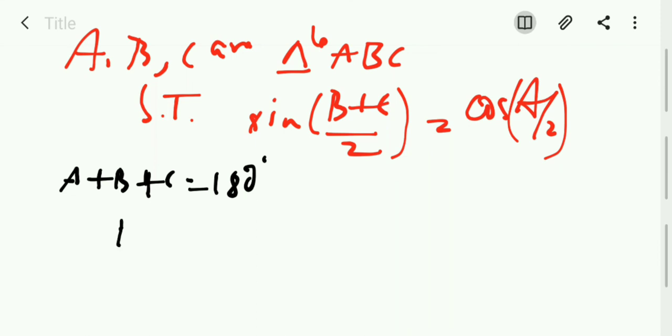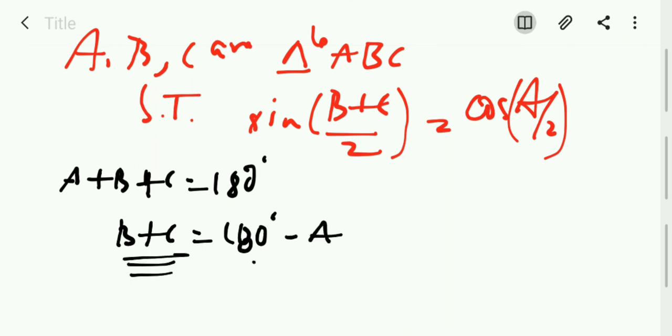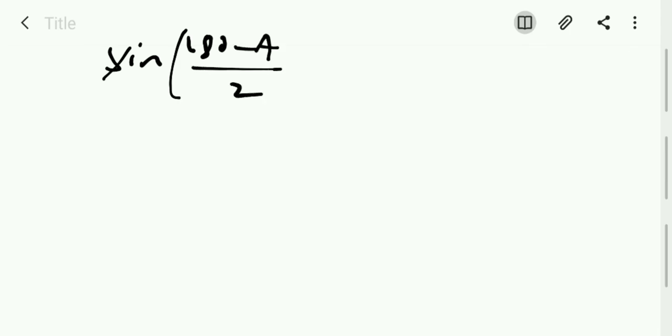Now B plus C is nothing but 180 minus A. Now instead of B plus C, what can we write? 180 minus A. So this is what we're going to replace. Now sine of (B plus C) by 2 is replaced by sine of (180 minus A) whole by 2, and this is as usual cos A by 2.